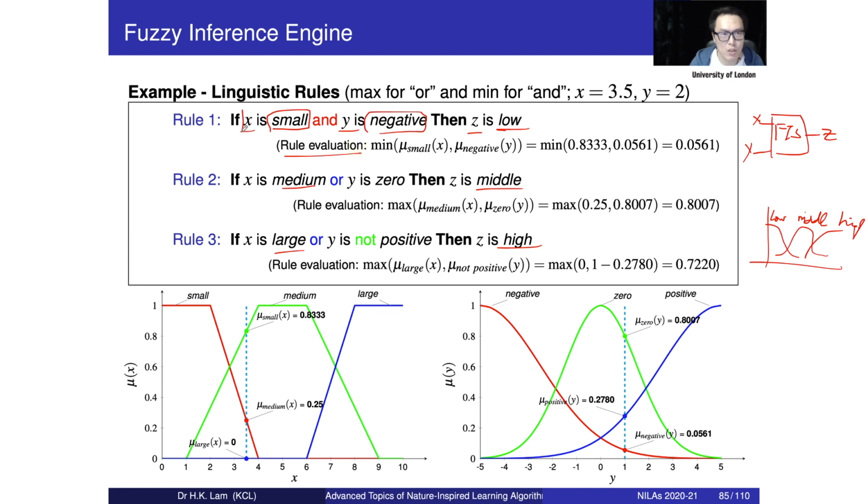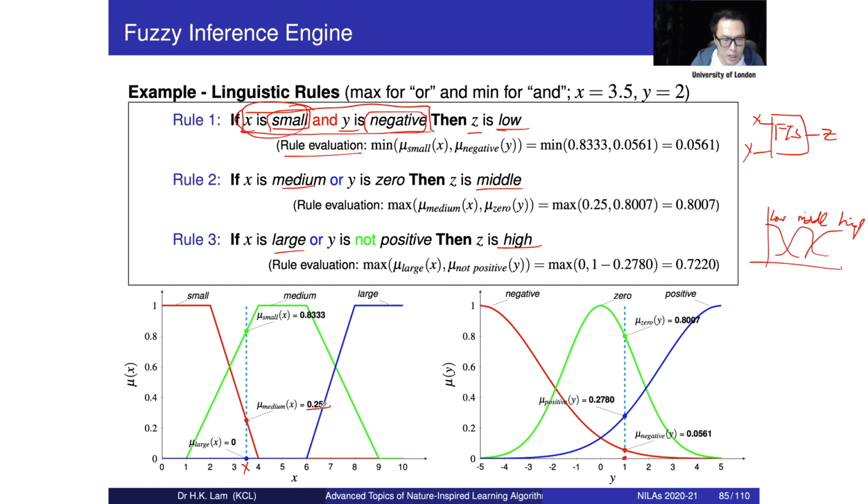That means we are going to consider the whole statement in the if part. Assume that this is x, the input 3.5, and then y, the input at the moment, is 1. So draw a vertical line. We will find out that for x, the membership grade for small is just this bit.